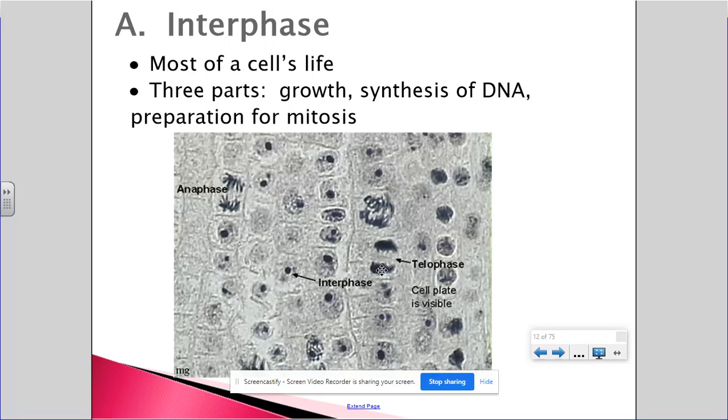We have one in telophase right here, a late anaphase, a slightly earlier anaphase. But the rest of these with just a dark dot for a nucleus are all in interphase. So even if these were located in a rapidly dividing area of your body, such as hair follicles or skin cells, or on the tip of a root, you would still see most of the cells in interphase.